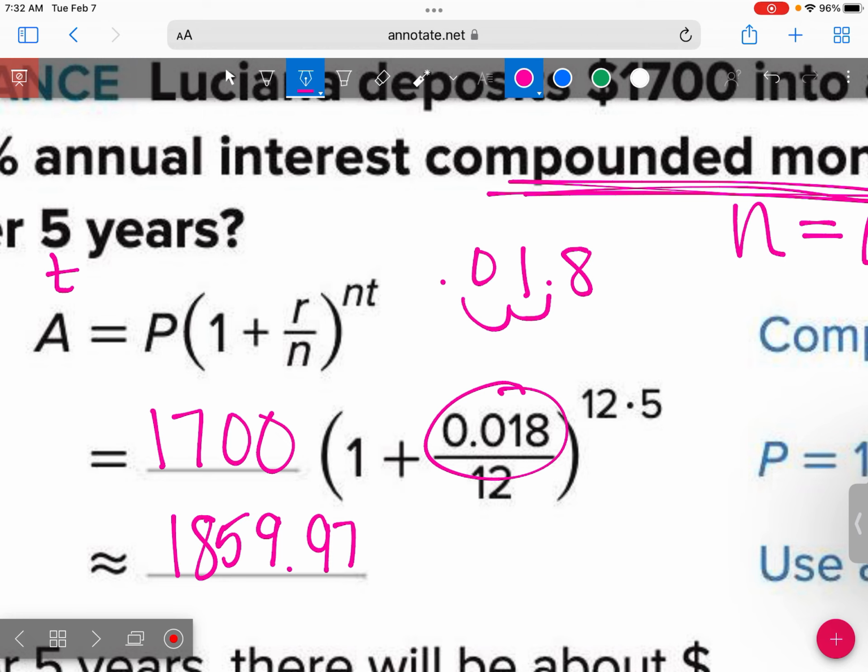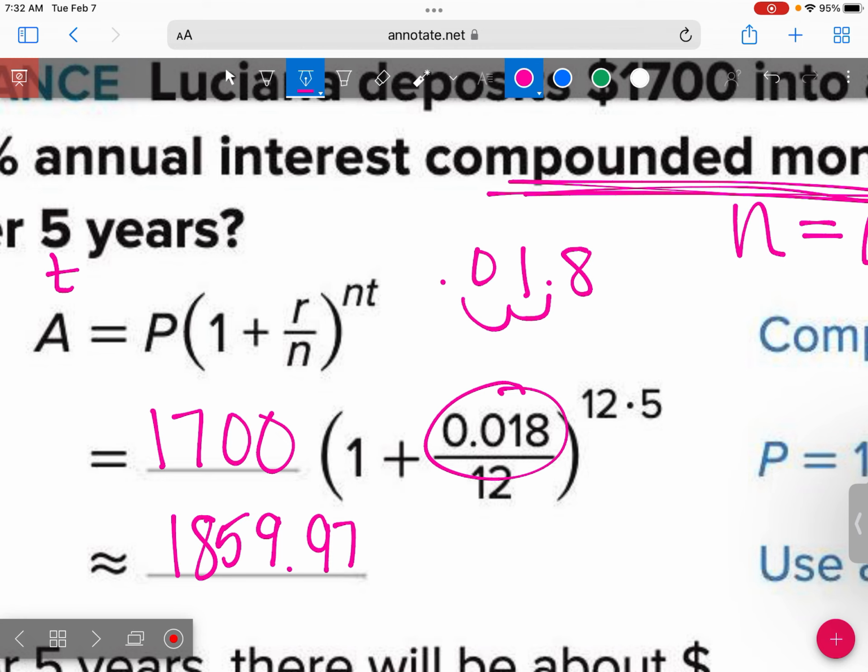But when you plug this in the calculator, a couple things to remember. You type in your 1,700, and then in your parentheses, you type in 1 plus, and then, sorry guys, I'm getting used to scientific calculators, so I've really never used these that often.